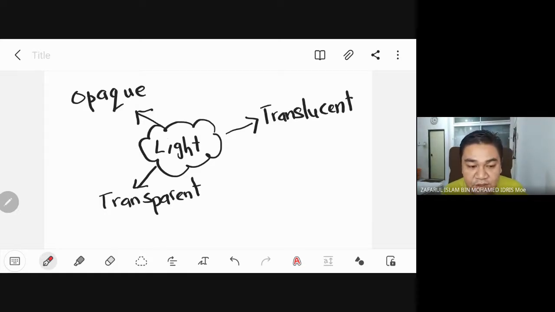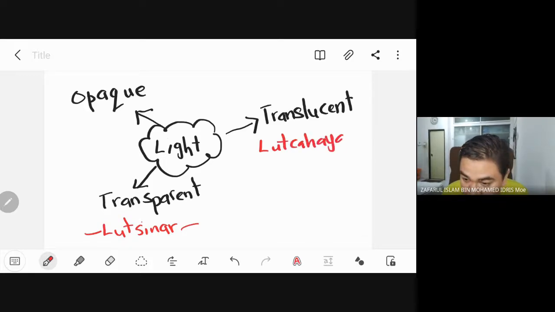What is the meaning of transparent? Okay, transparent is, in Malay we call it lut sinar. Okay, translucent in Malay we call it lut cahaya.